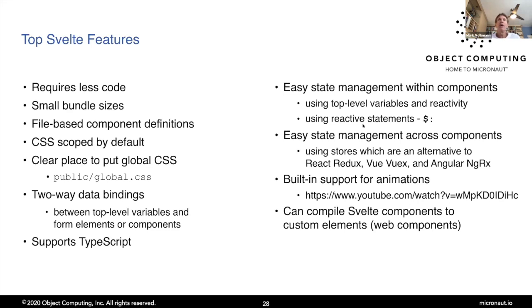There are some cases where you need to compute a value based on other values. And it can be tedious to set up code in other frameworks to say, I want to watch these certain variables. And then when they change, I want to run this bit of code. But in Svelte, you use the special syntax where you say $:, and then either one line of code or a block of code. And what the Svelte compiler does is it looks to see what are the variables that are being referenced in that statement.